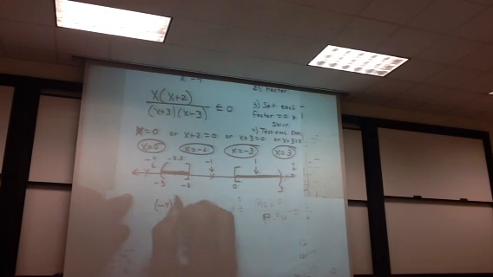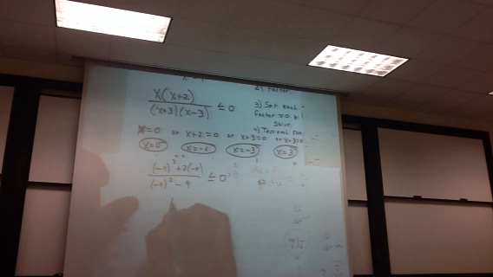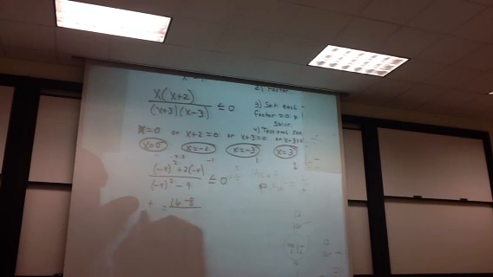-4 squared plus 2 times -4, minus 9. Question, is that less than or equal to 0? That's 16 minus 8. That's positive. This is 16 minus 9. That's also positive.